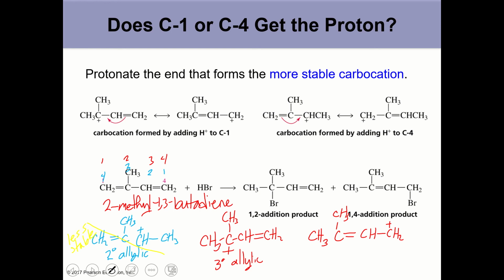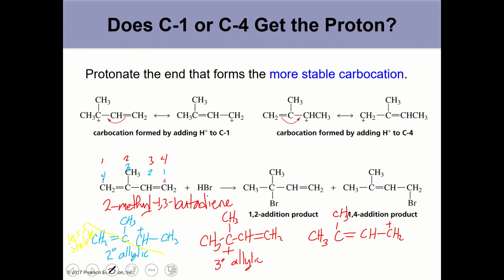So we consider the more stable position for the positive charge when we are adding hydrogen, or the electrophile, in the first step, and we consider the more stable position for the pi bond when we are deciding which is the more stable final product.